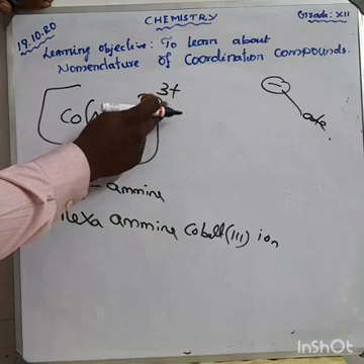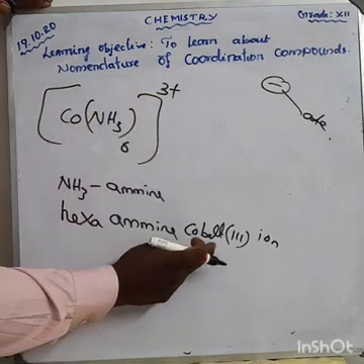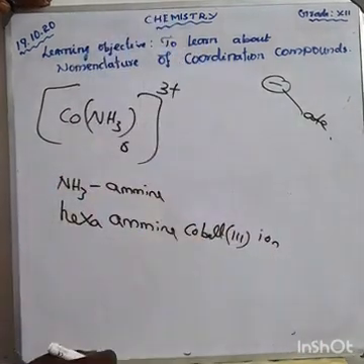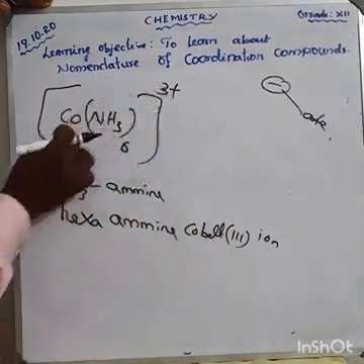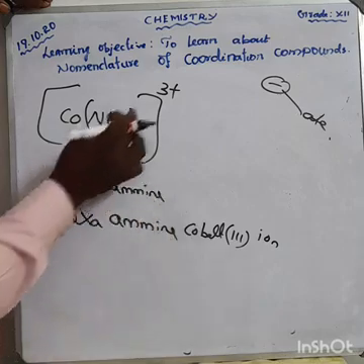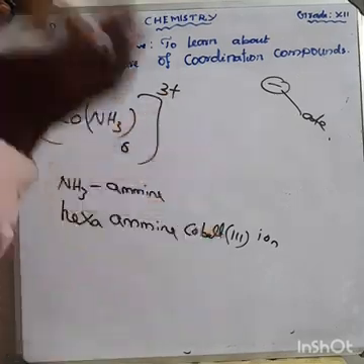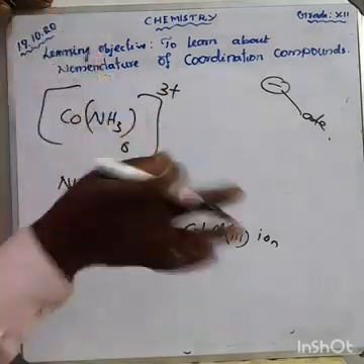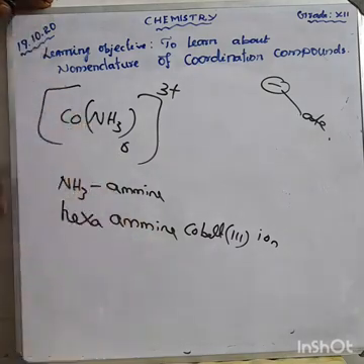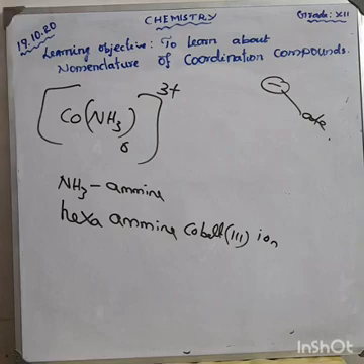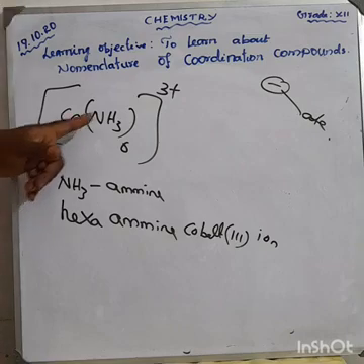Here, having the positive charge, so don't write ate. Cobalt-ate, no, it's a wrong answer. Write cobalt because the charge is plus. Cobalt 3 oxidation state. In the previous video I told you how to find out the oxidation state also. Those who have attended the video can get the oxidation state right. Okay, anyhow, cobalt 3 ion.